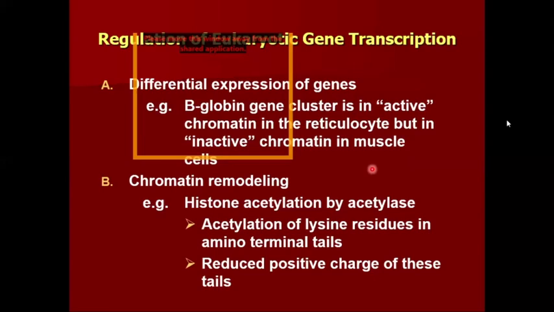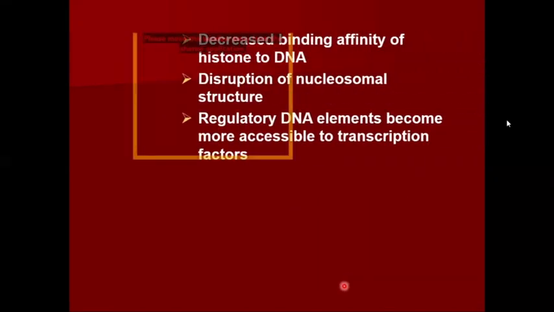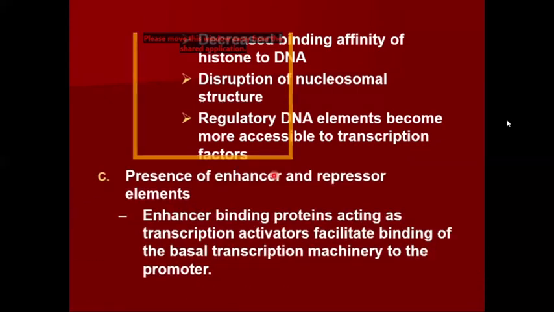Negative. So what happens when the lysine becomes acetylated? It becomes less positive. Okay? There is a reduction in the positive charge. So there is decreased binding of the histone to the DNA, thereby disrupting the nucleosomal structure, now exposing the regulatory DNA elements in the promoter site of the gene.